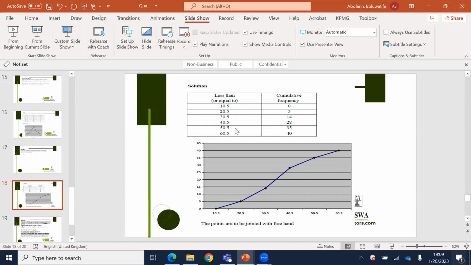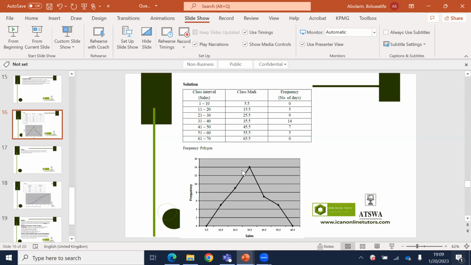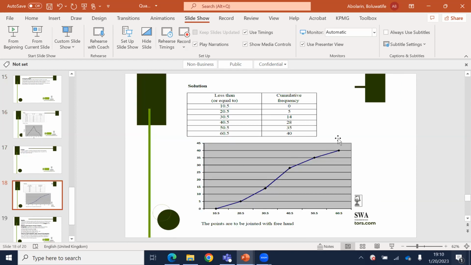Then they're going to give you the cumulative frequency: 0, 5, 14, 28, 35, 40. I'm going to plot your graph the same way you plotted the frequency polygon. The difference is that a frequency polygon is in the form of a polygon, but when you talk about OGIVE, it's just one line.